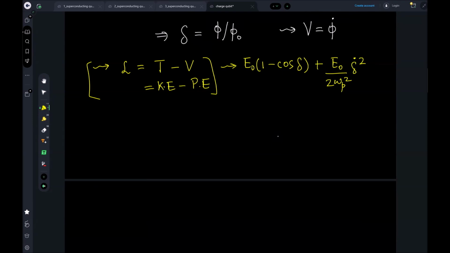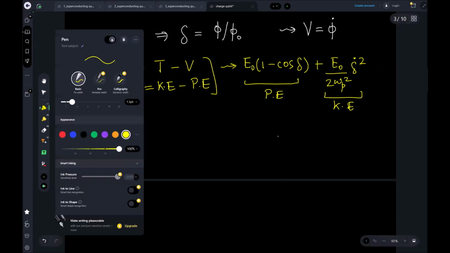And if you recall, we had called this the kinetic energy and this the potential energy of the system. And if you also recall, the kinetic energy term was related to the energy stored in the capacitor.